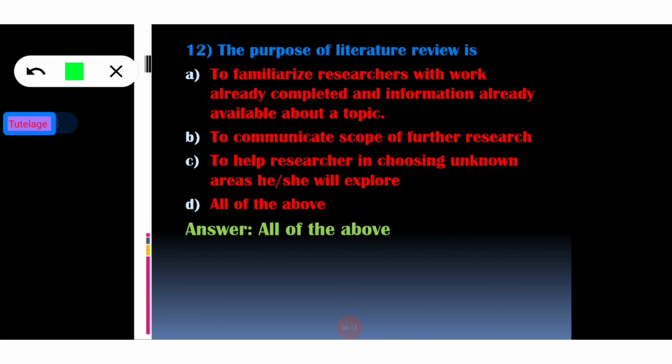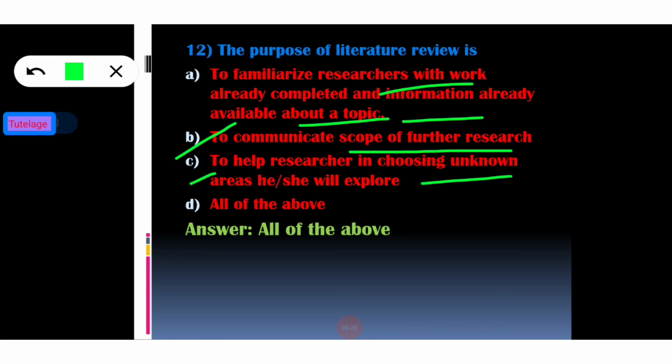The purpose of literature review is to familiarize researchers with work already completed and information already available about a topic. The second option is to communicate the scope of further research. Option C is to help the researcher in choosing unknown areas he or she will explore, and all of the above. So obviously option D, all of the above, is the correct answer.